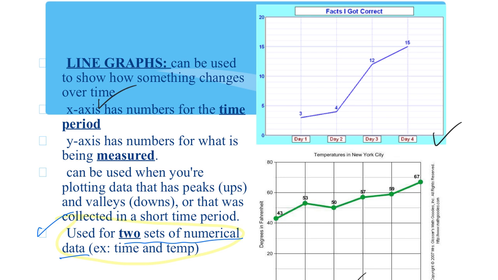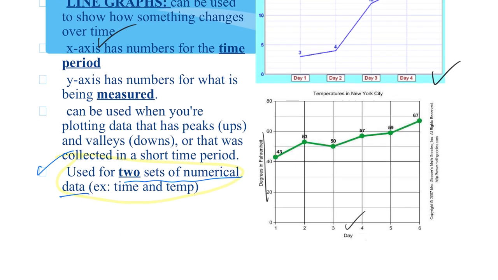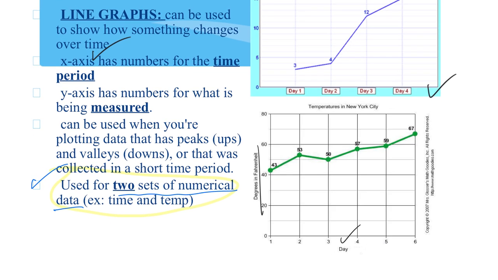It's something that's varying with time. In this case is the temperature. In this case is the facts that I got right on a quiz or something. Okay, so we got two sets of numerical or quantitative data that we're comparing in a line graph.